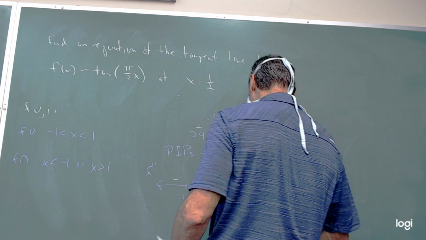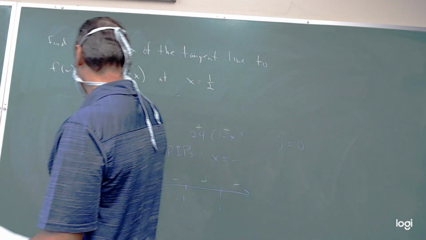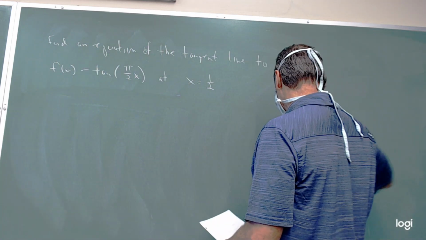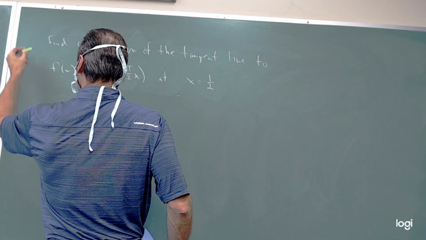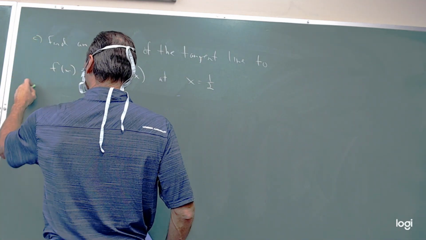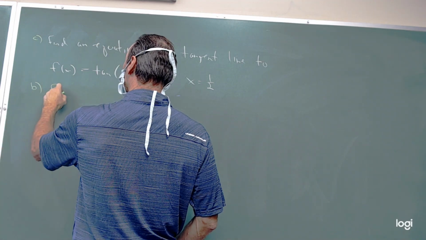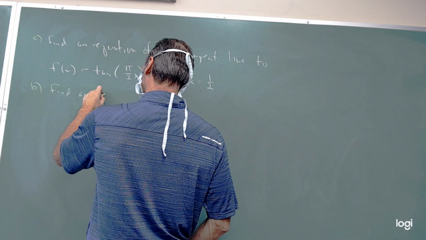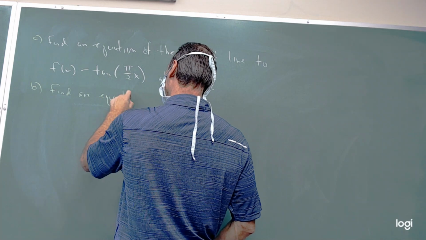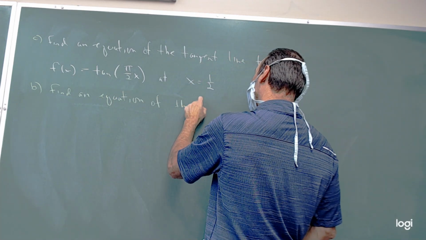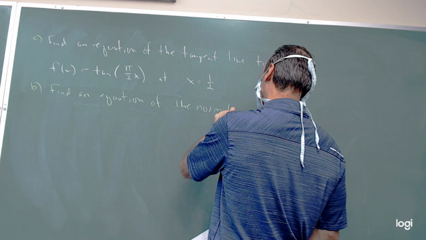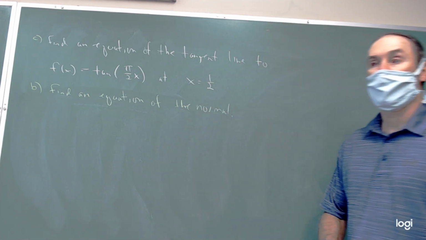And in fact, just to make it interesting, that's part A, and part B, we'll find an equation of the normal line to f of x at x equals 1/2.